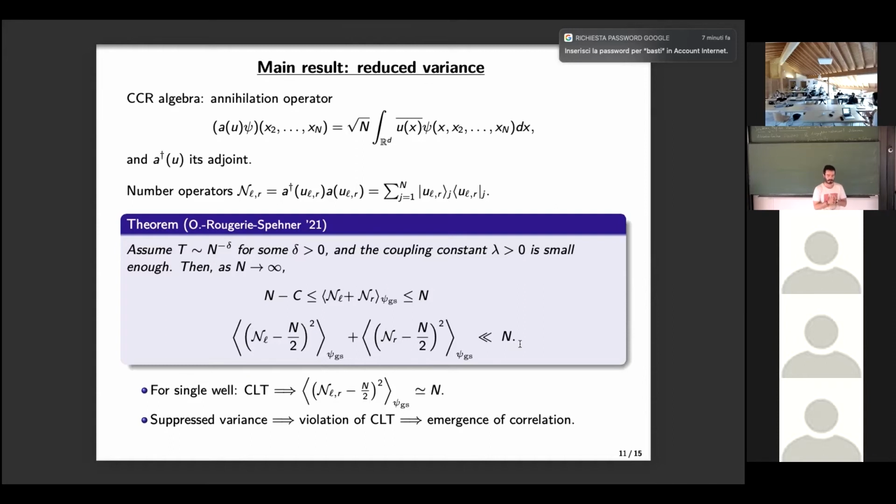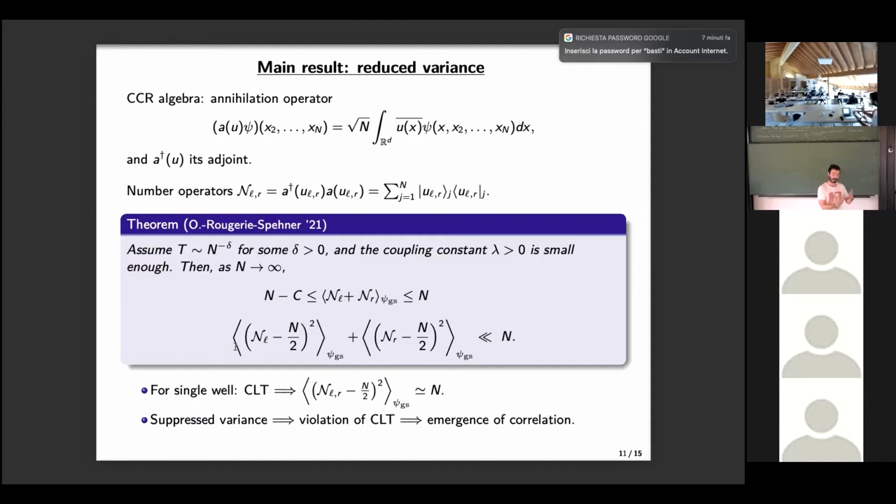So let's try to understand that. We are taking the number operator for particles in the left mode. We are subtracting its expectation value. It's not easy to see from here, but the expectation value of n left can only be approximately n divided by 2 by symmetry. So this is the variance of n left, in expectation of the ground state.